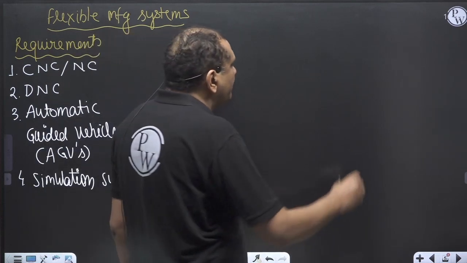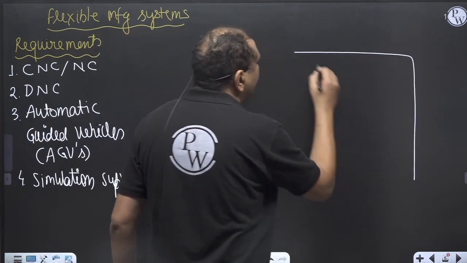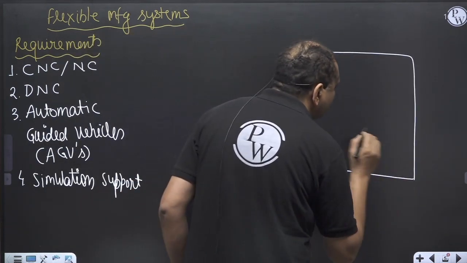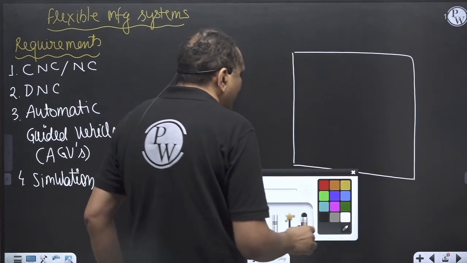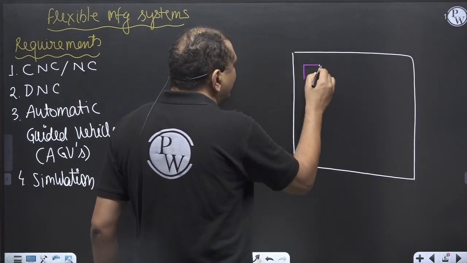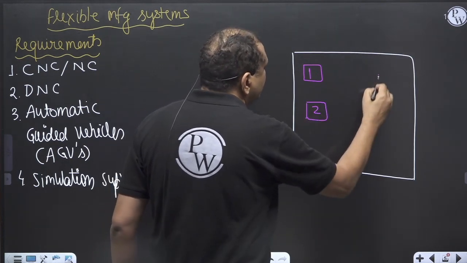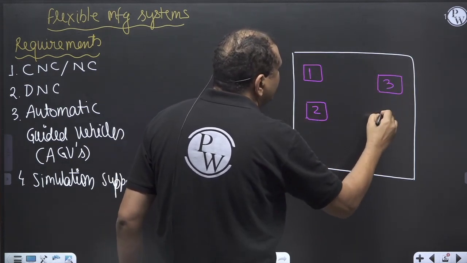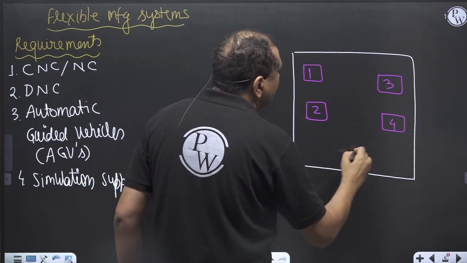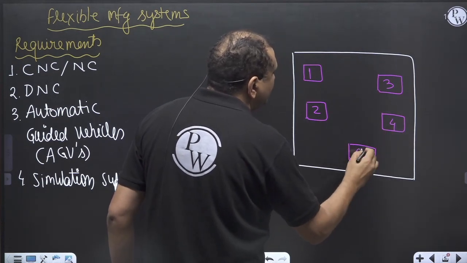Now there is an FMS system, and multiple CNCs are working there. Let us say CNC1, CNC2, CNC3, CNC4, CNC5.